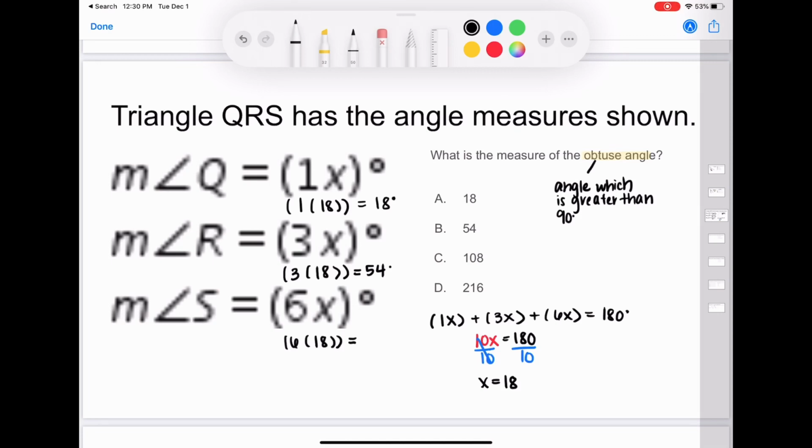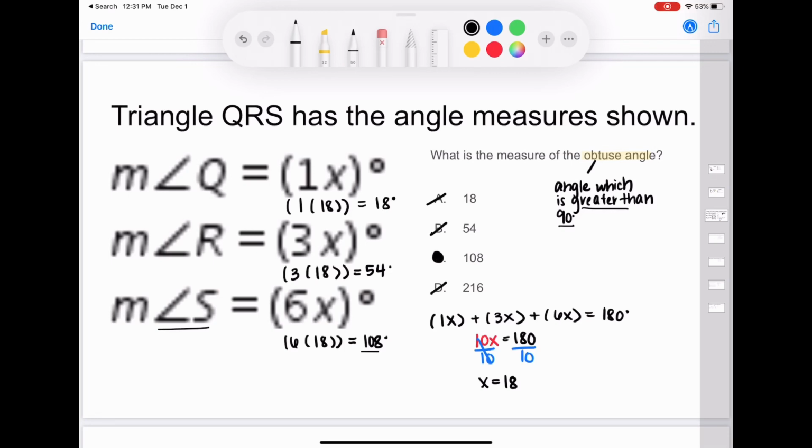Well, let's look at that. 6 times 18 equals 108. And so there we have our one obtuse angle, and that is angle S, which is equal to 108 degrees, which is greater than 90 degrees. And thus the measure of our obtuse angle is 108 degrees.